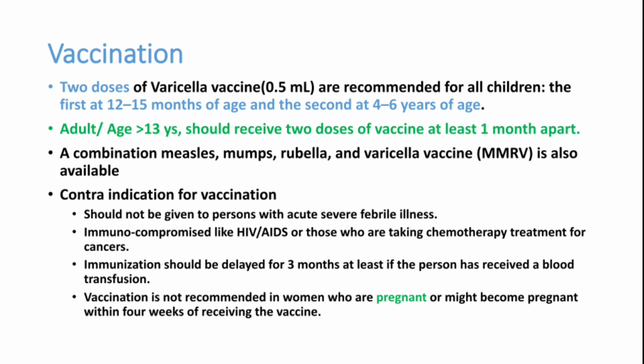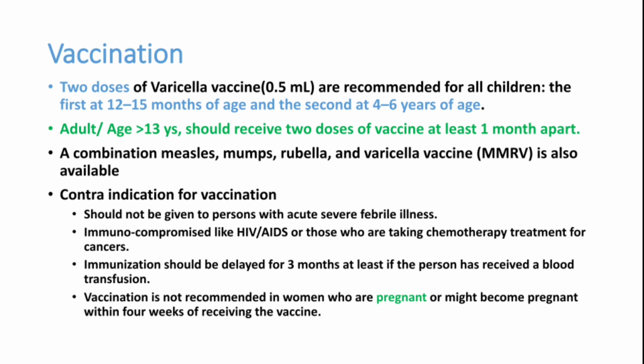Now we will talk about vaccination or prevention of this disease. Varicella vaccine is available, 0.5 ml, 2 doses should be given. The first dose at 12 to 15 months of age and the second dose at 4 to 6 years of age. That is the dose for children. Adults should also receive 2 doses of vaccine at least 1 month apart.